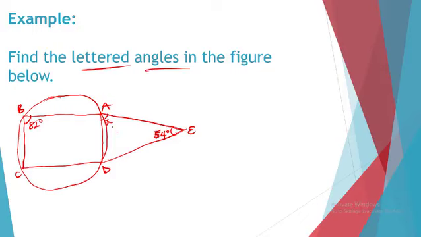Okay, we have here lettered as X. So we have to find the value of X. Okay, looking at the diagram, you agree with me that in the triangle ADE, the angle at D is equal to 82 degrees. How did we get that?